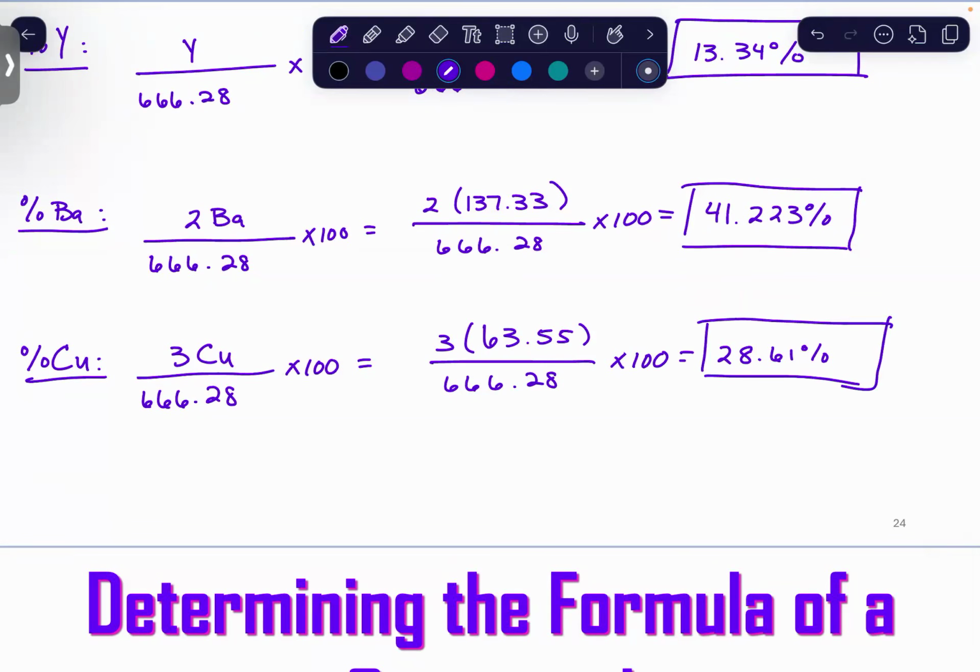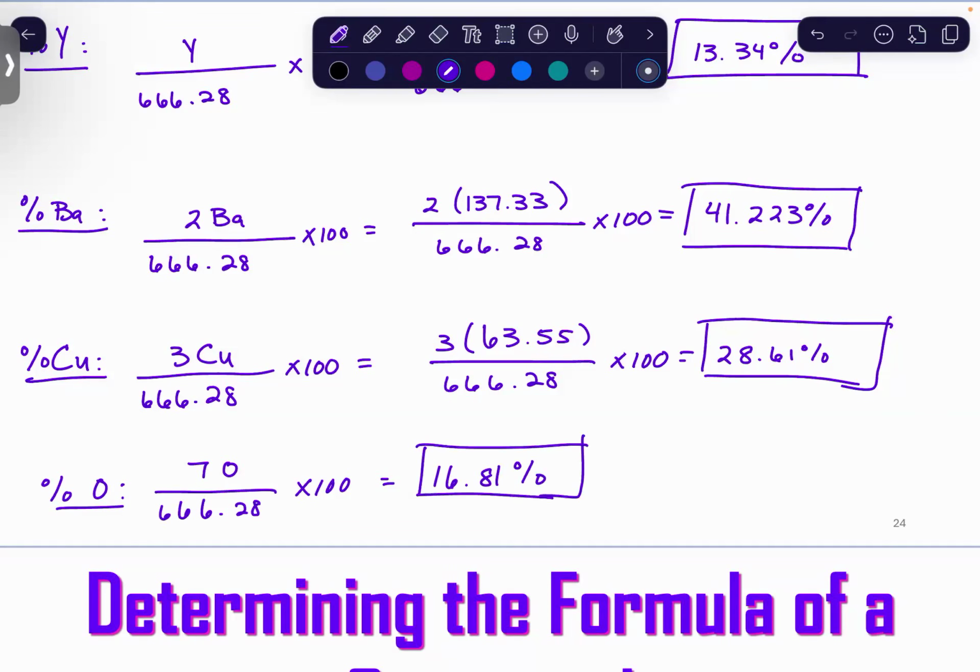And we do this calculation one more time for oxygen. You should be able to set this up by now. There are 7 oxygens. Once you put in the molar mass for oxygen, which is 16, you'll get about 16.81%. So this is what we mean by percent composition.